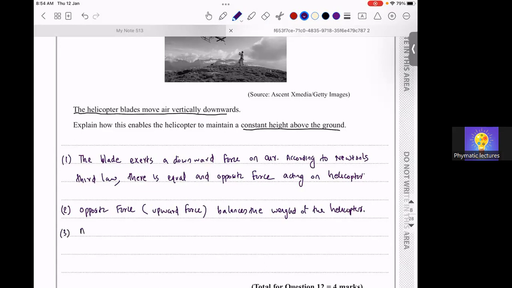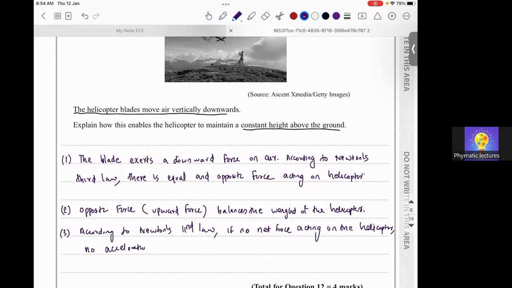Then, according to Newton's second law, if no net force is acting on the helicopter, there is no acceleration.